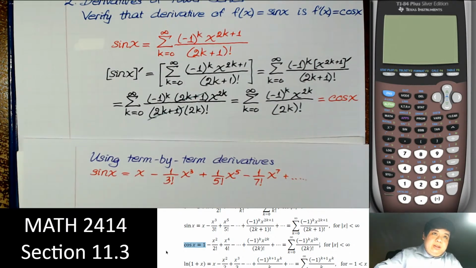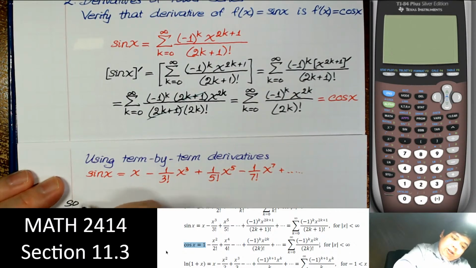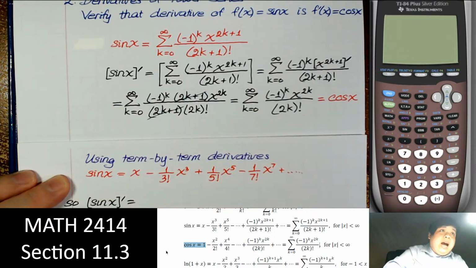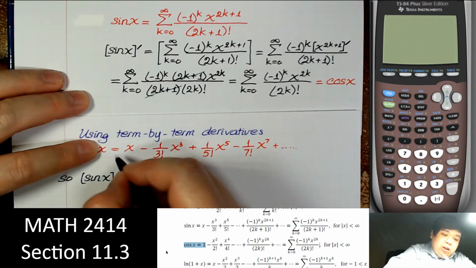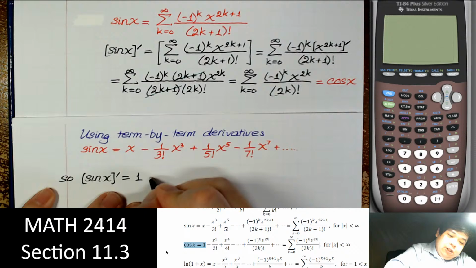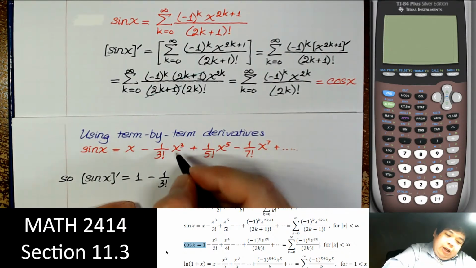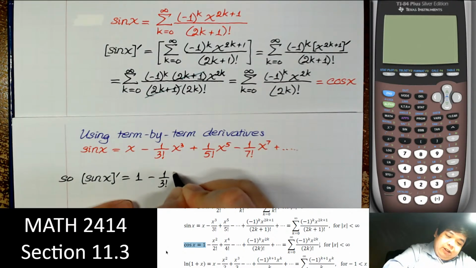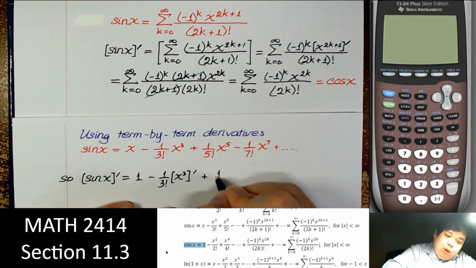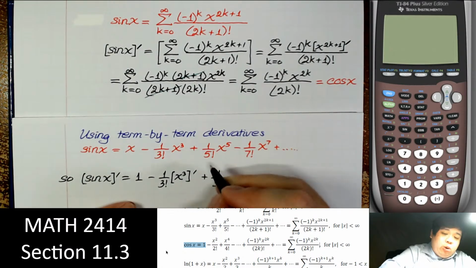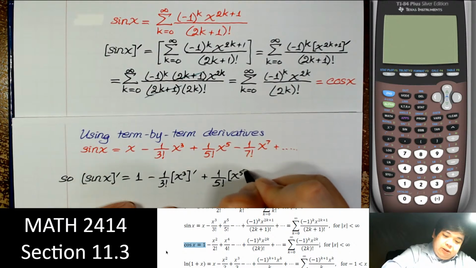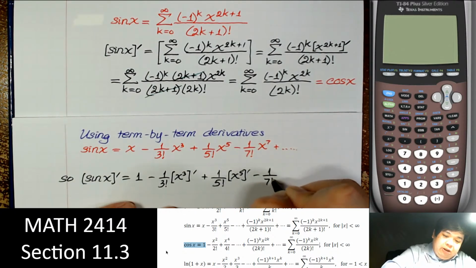So I start with that. Now taking the derivative, I'm just taking the derivative of this term by term. Derivative of x is 1. And then the derivative of x cubed, 1 over 5 factorial times the derivative of x to the 5th, 1 over 7 factorial times the derivative of x to the 7th.